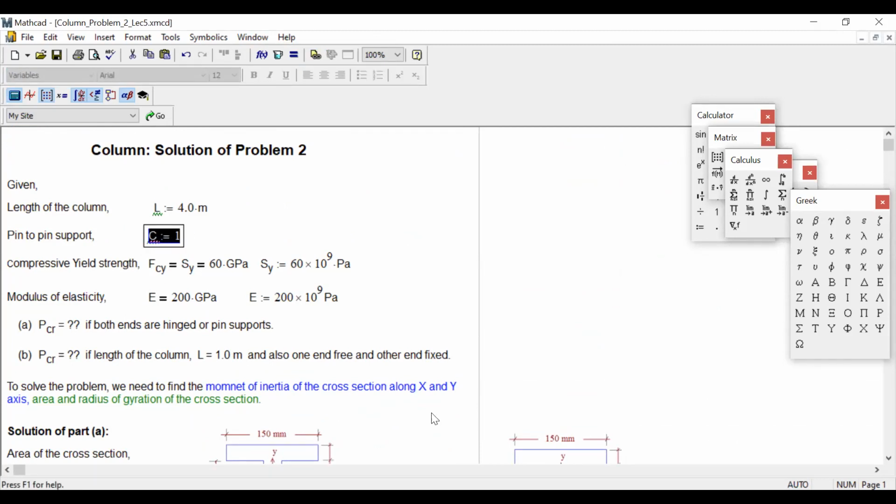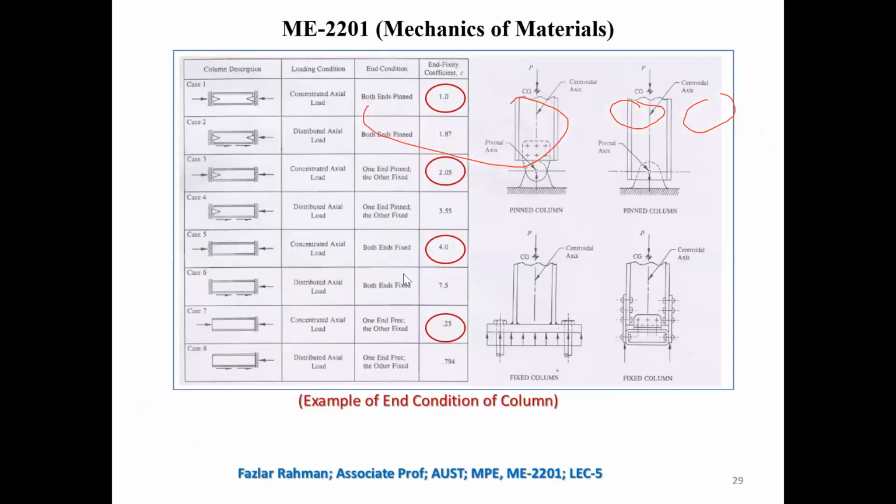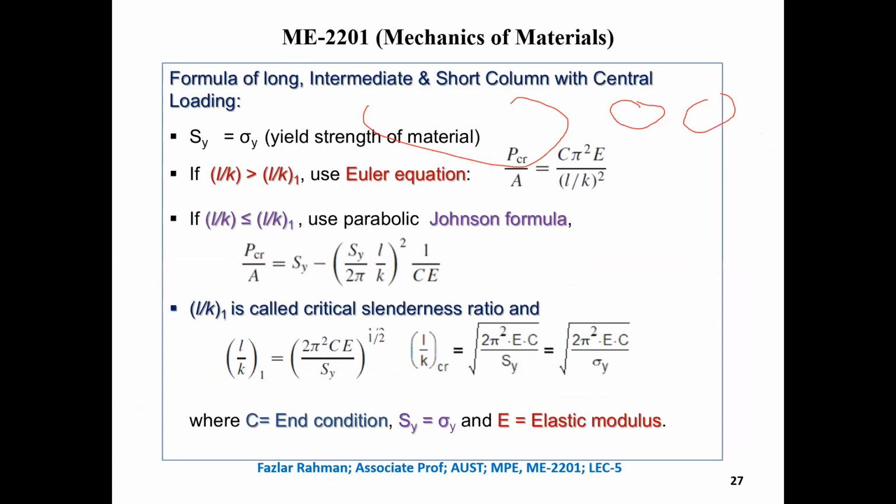Now, you need to know the compressive yield strength of the material. The modulus of elasticity is given, the value of E is given, and the compressive yield strength is also given. Why do we need the compressive yield strength? Because we need to figure out the critical slenderness ratio.